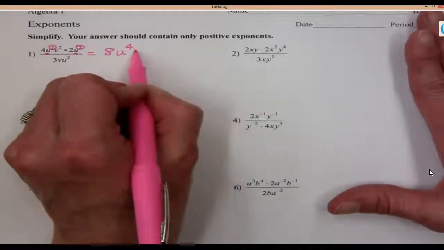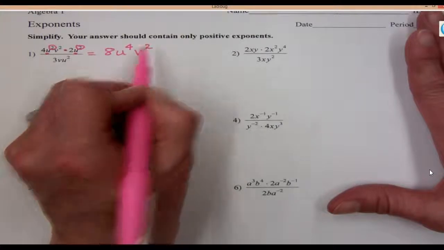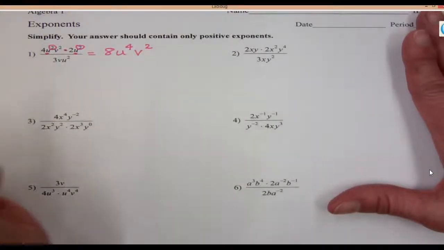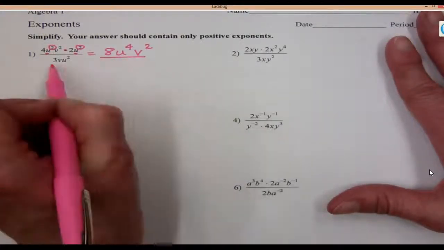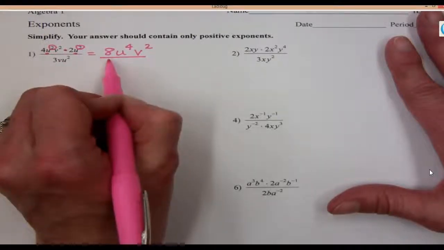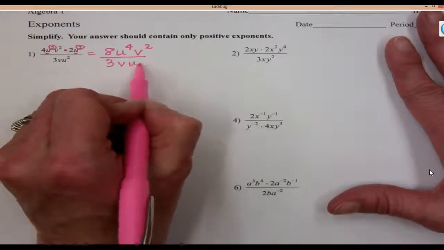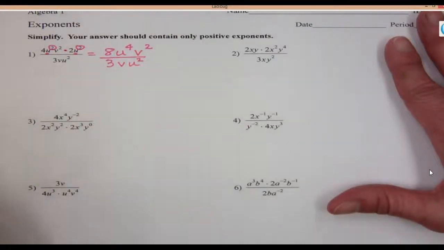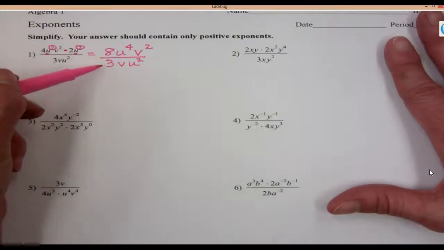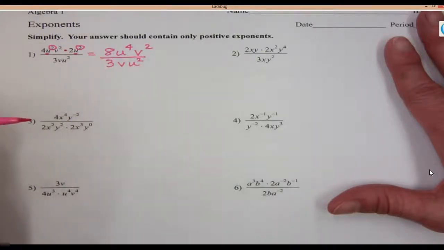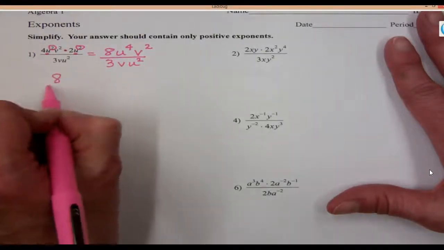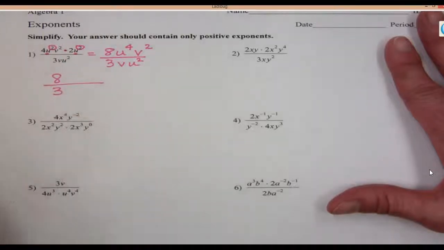There's no other V, so that just gets tagged along. We still multiply that out. Divided by, there's nothing to simplify in the denominator, 3VU squared. Now, 8 divided by 3 cannot be simplified anymore. So I'm going to go ahead and write 8 thirds.